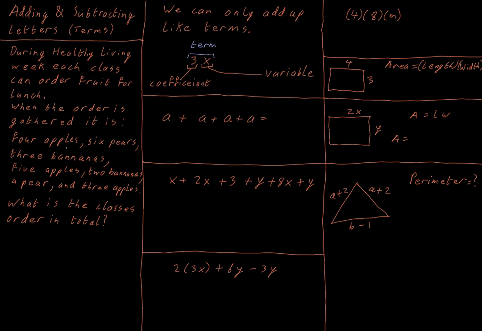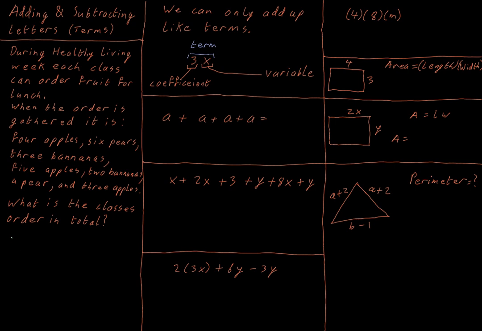So what would be a sensible letter to pick for apples? Well, A is a reasonably sensible letter for apples, P for pears, and B for bananas. So let's write out our list. We want to add up all of these things because we want to know our total amount of fruit. So 4 apples. If we have a number sitting next to a letter, that means they're multiplied.